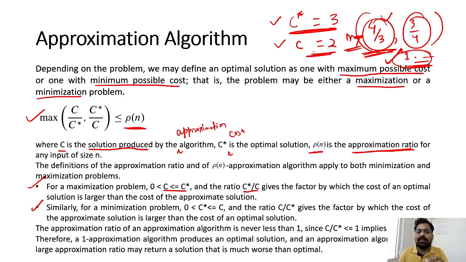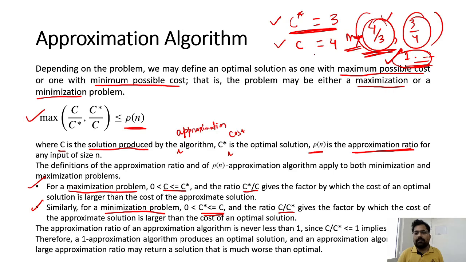In that case, your approximation solution is better than the optimal solution. That is called a maximization problem. Clear? But in general, we expect a minimization problem, where C is greater than or equal to C star.